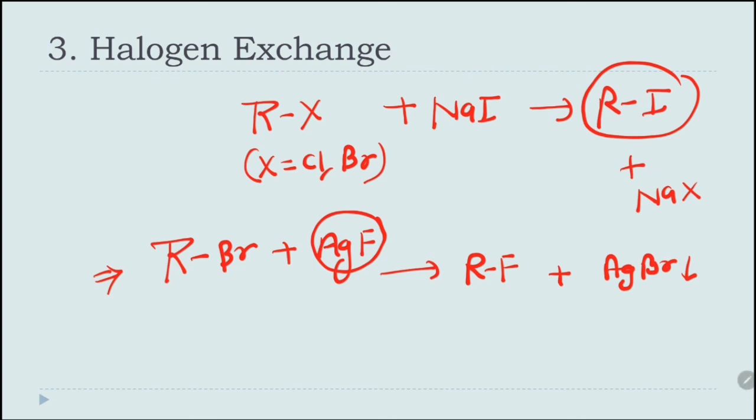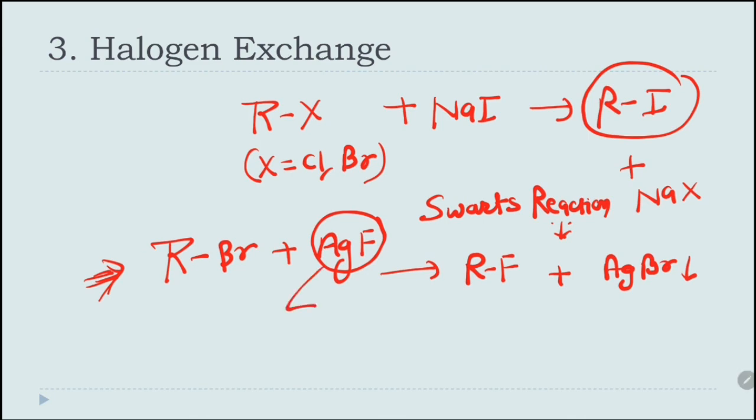But this reaction in which we have converted alkyl bromide into fluoride by reacting it with AgF is also a name reaction, which is called Swarts reaction. Note it down, it is important.